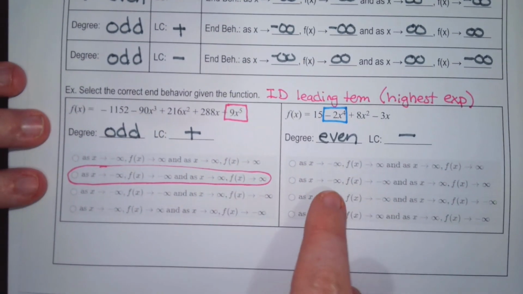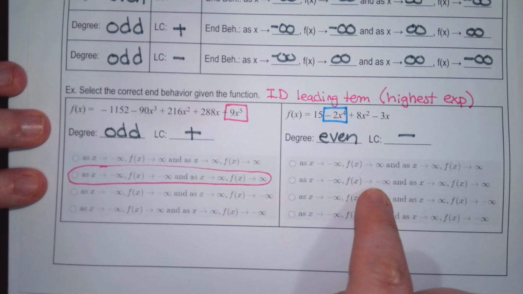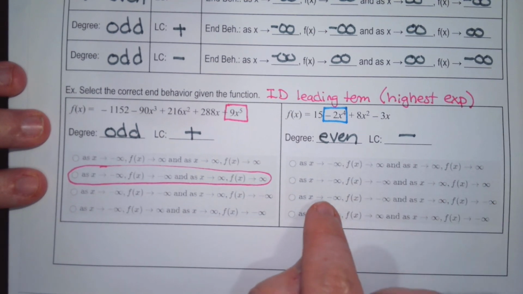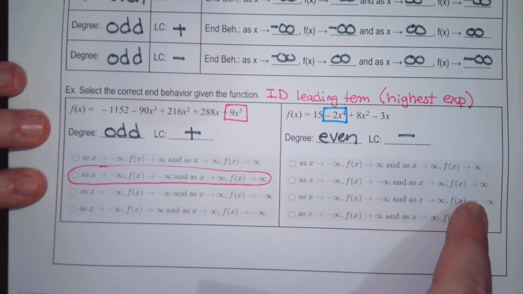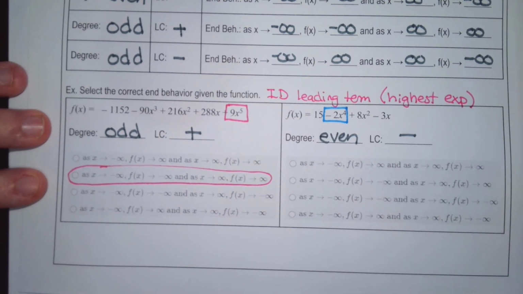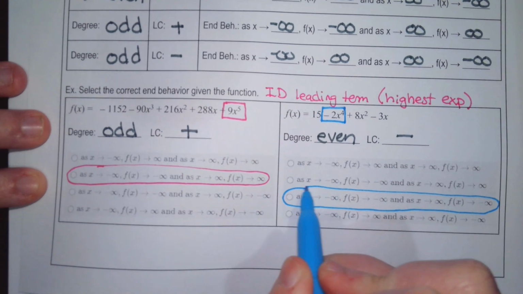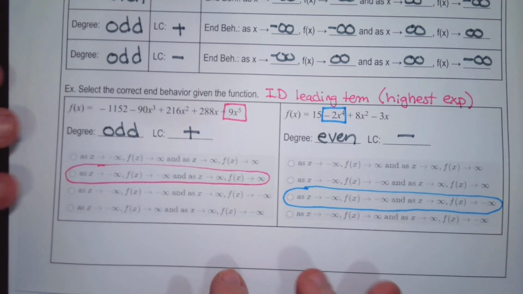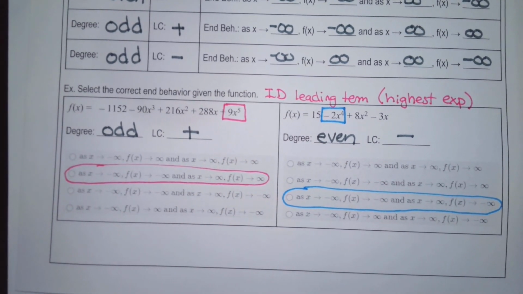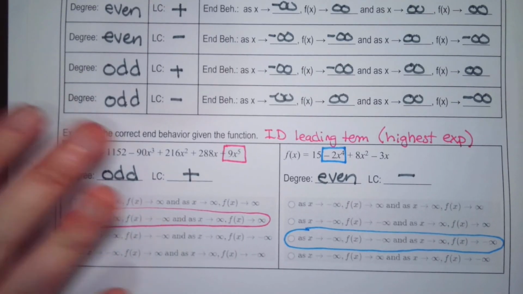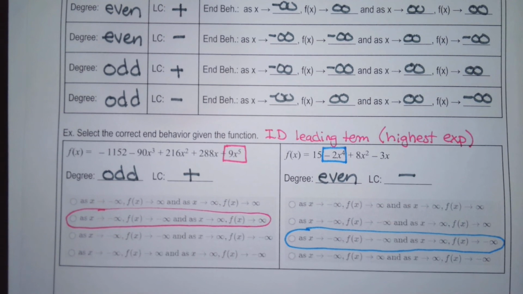So let's look for that. Negative to negative, positive to positive, nope. Negative to negative, positive to negative. There we have it. It is this option right here. And there we go, end behavior algebraically. Hang in there. We have one more page of notes, and then we're done with semester 1.